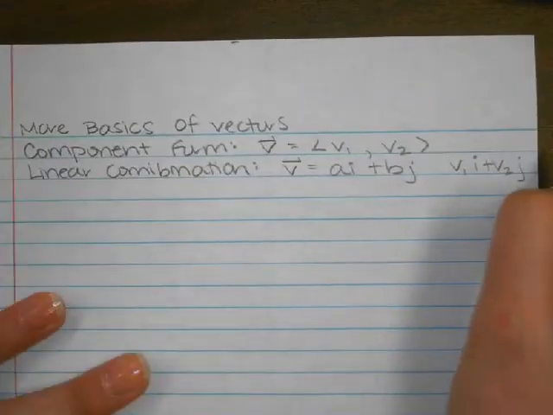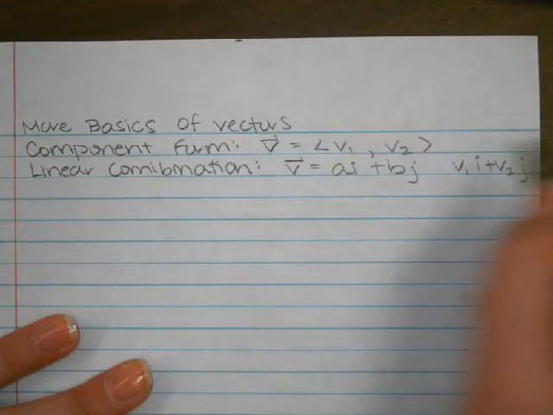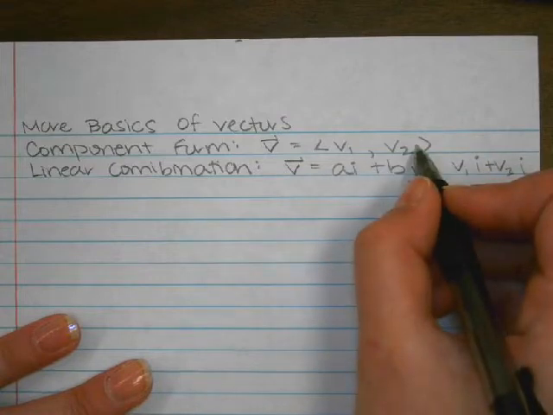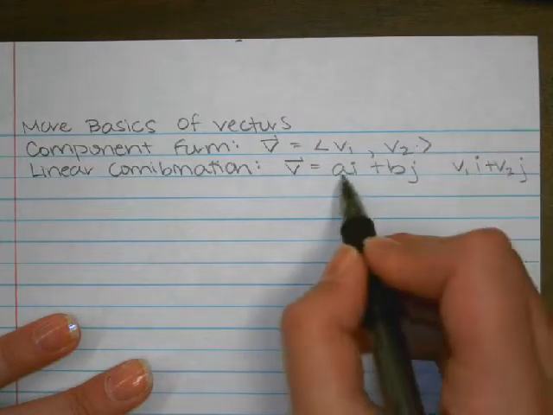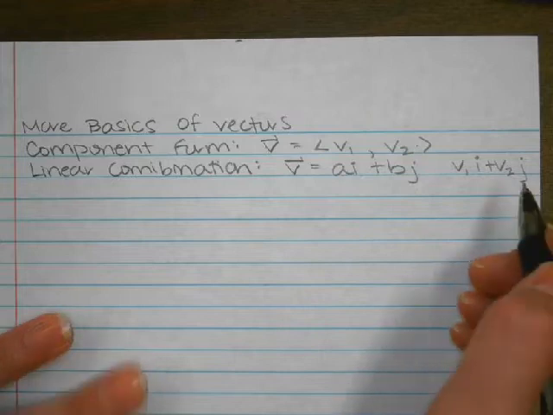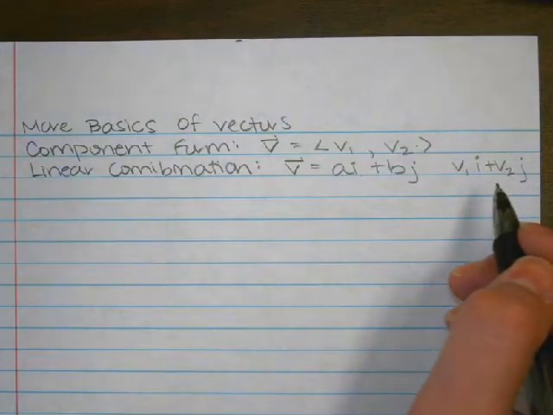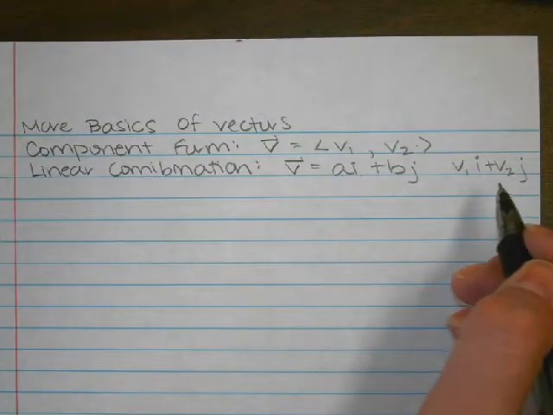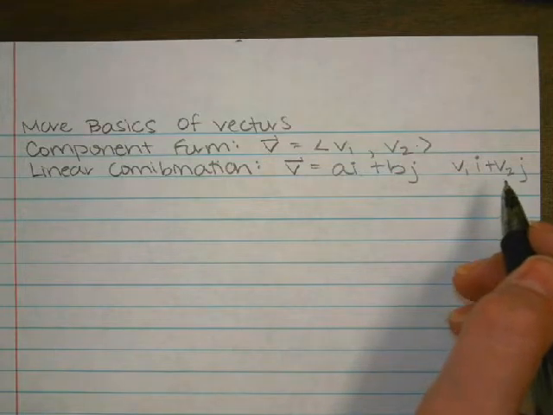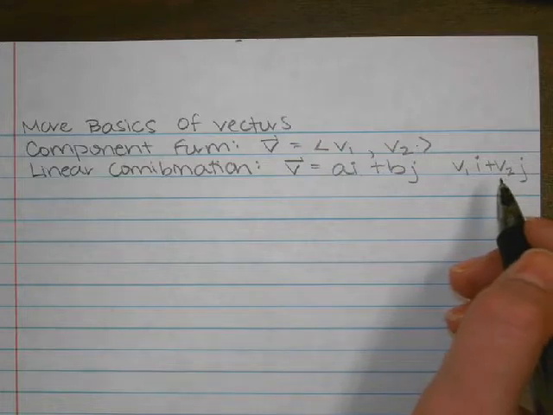So if your component form of a vector was 1 comma negative 5, then this would be 1i minus 5j. So they're very easy to switch back and forth between the two forms. I am not exactly sure why there's 2 different forms. They're used interchangeably. If the instructions do not specify which form you have to use, then you can use whichever one you like.